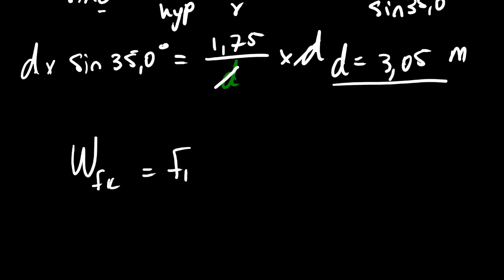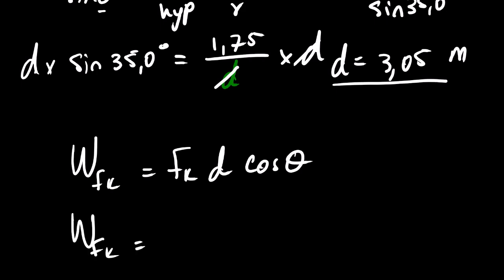It equals the kinetic friction multiplied by the displacement d, cos theta. We know that the angle between the displacement and the kinetic friction is 180, so the work done by kinetic friction is Fk d cos 180.